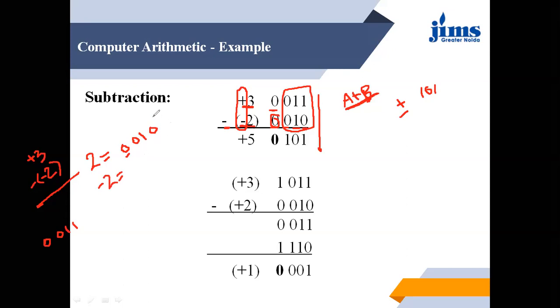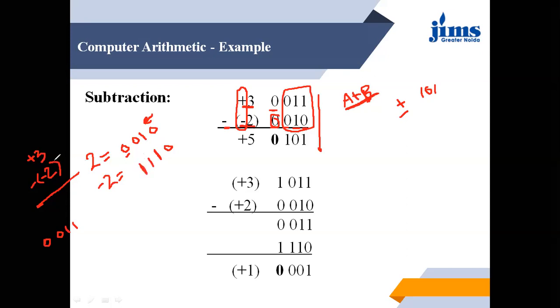So the 2's complement of this, by using the direct technique, as I told you, we start from the right. This is 0, so write it as it is. This is the first one we get. Write the first one as it is, and after that flip 0 into 1 and 1 into 0. So this 0 will change into 1, and this 0 is also going to change into 1.